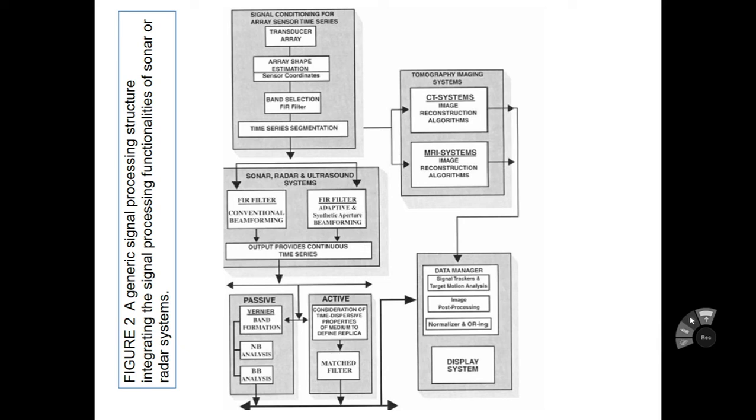Also there are a lot of noises, so it uses the matched filter. In the matched filter, the replica of the signal medium propagation is considered to improve the detection and the gain.